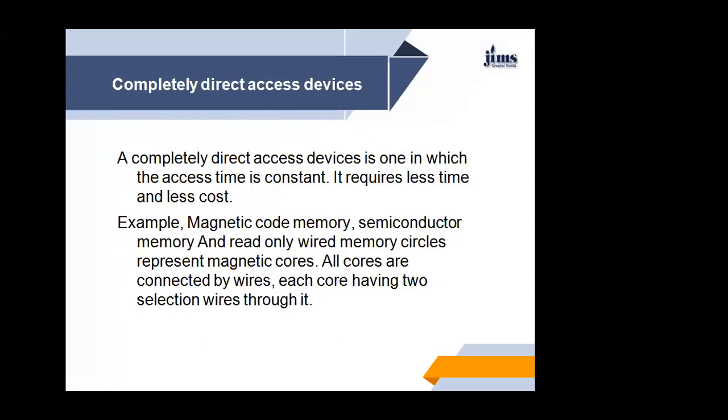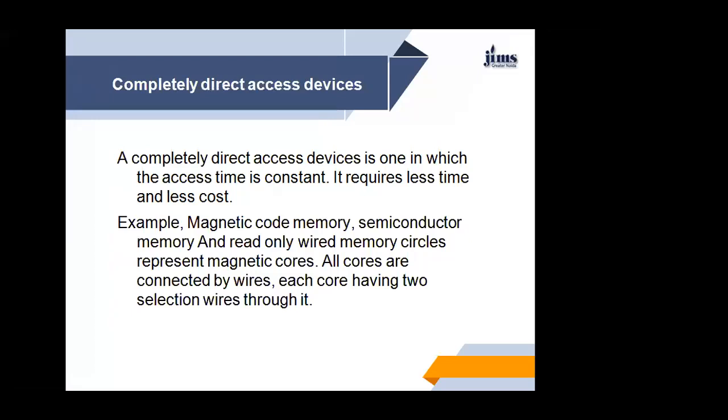Now there is one thing, the completely direct access device. A completely direct access device is one in which the access time is constant. It requires less time and less cost. Examples are magnetic core memory, semiconductor memory, and read-only wired memory.